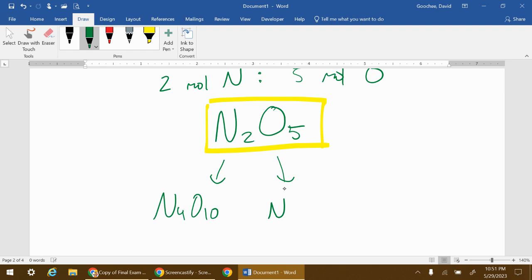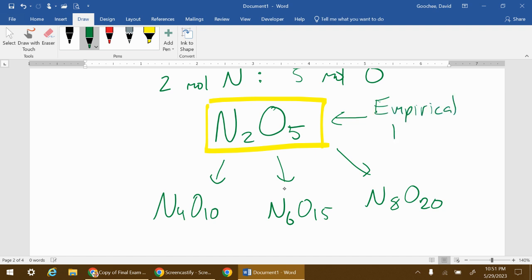Or N6O15, or N8O20. All these guys would have the same percentage breakdown because the ratios are the same. So if we only have the percentage breakdown, then all we can do is say this is the lowest ratio or empirical formula. That's all we can say.